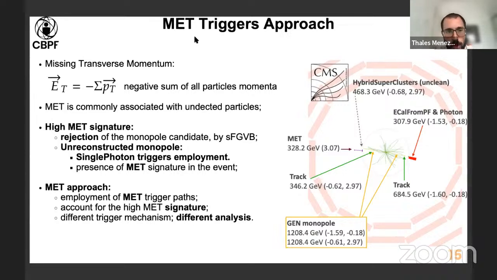But if we try to apply a different set of triggers, the MET triggers in this case, we should have a different type of analysis with a different associated strategy. So this is the biggest part of the work, providing analysis in this different approach.